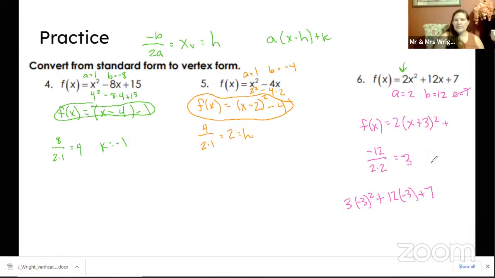And I get -2, which we know is K. This one was H. K is -2, so I need to switch my positive here to a -2. And that is my final answer.